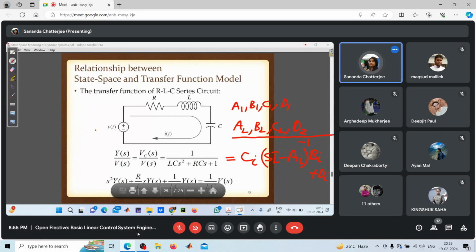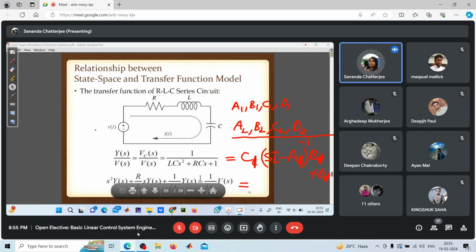So if you put 1 here, that is C1 (sI minus A1) inverse B1 plus D1, you will get the same thing. And if you put 2 in place of this, it will map to the same transfer function model. Please verify it for yourself.